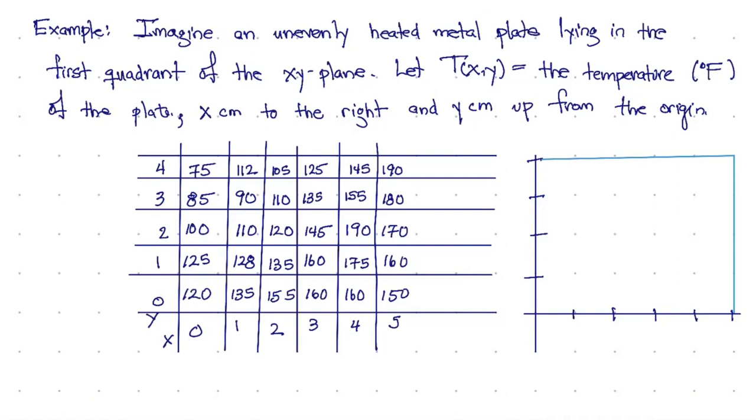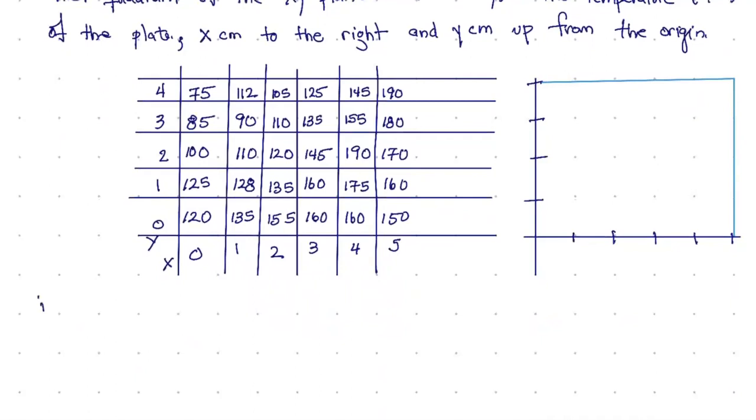If we were to ask ourselves then, what is meant by T of 3, 2, we would respond to this by saying that T of 3, 2, first of all, would mean specifically this, that if we went over 3 and up 2, we would be in this location right here, where I have placed my red dot.